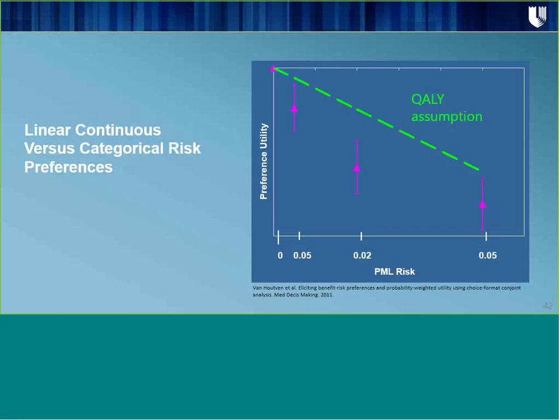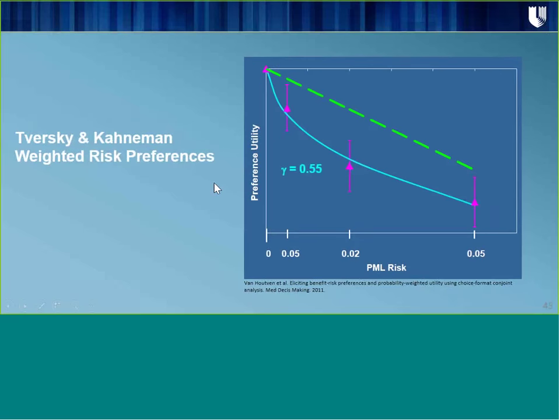So we explored use of a weighted utility function, first proposed by Tversky and Kahneman as part of their prospect theory development. This was originally proposed for financial risks, but when we use the functional form that they suggest for weighted risk preferences, we get a curve that fits our actual empirical functional form almost perfectly.